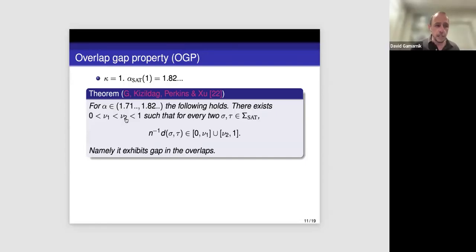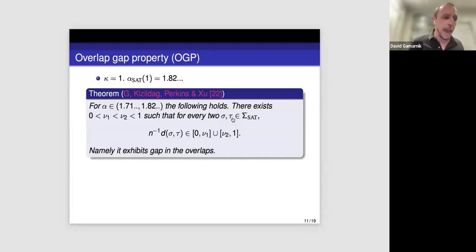Every two satisfying solutions, every two vectors sigma and tau, which successfully solve this problem, have the property that their distance between them is either at most nu1 or at least nu2, cannot be in between.